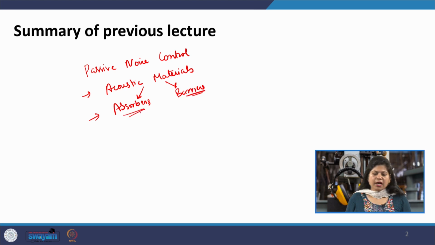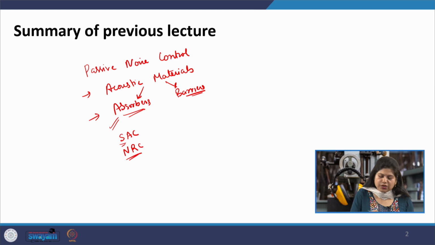In today's class, last class we started our discussion on what are sound absorbers and what are the performance metrics such as the sound absorption coefficient and the noise reduction coefficient, which are used to measure how much of the acoustic energy that is incident on them is getting absorbed and dissipated within the material.